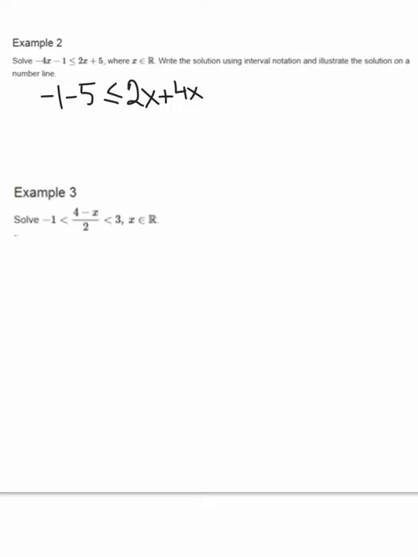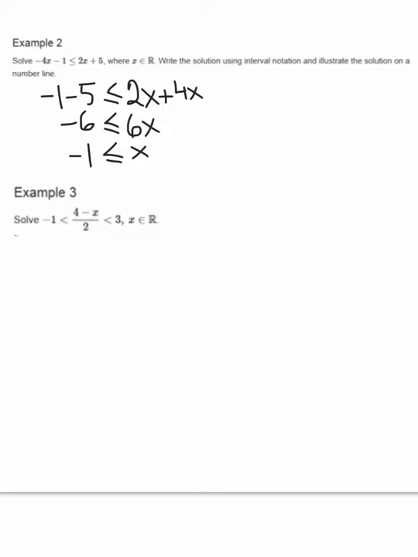I'm bringing my variables to the right-hand side. You could have gone the other way, totally up to you. That becomes -6 ≤ 6x. Now we are not dividing by a negative, we're dividing by a positive, so the sign stays intact. And we have -1 ≤ x.